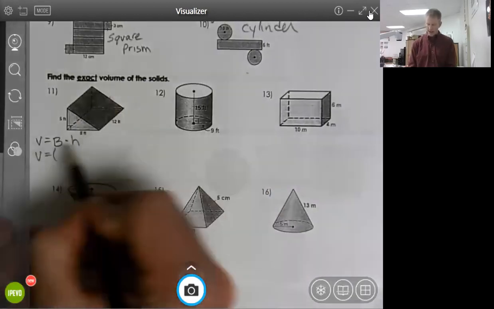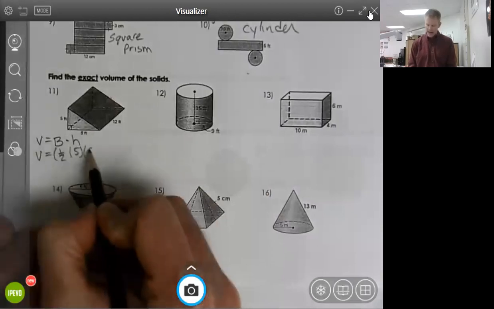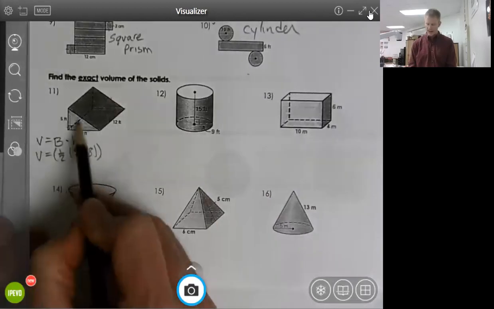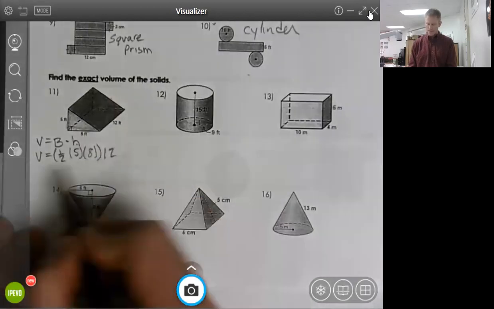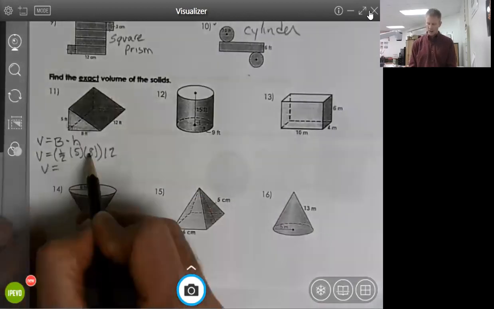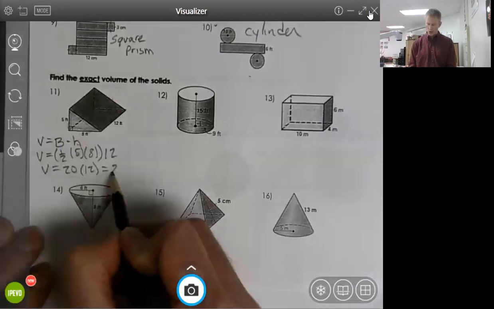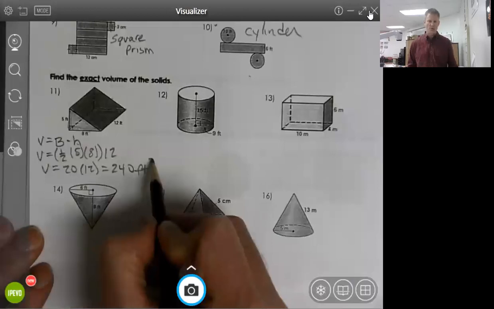So our base is half of 5 times 8. That is our area of the base. And we're going to times that by the 12. So we have 40 divided by 2, which is 20 times 12. And that comes out to 240. These are feet, and that would be cubed.